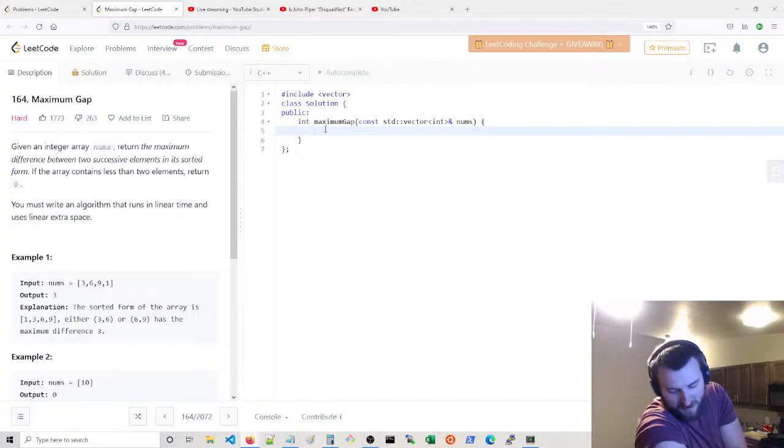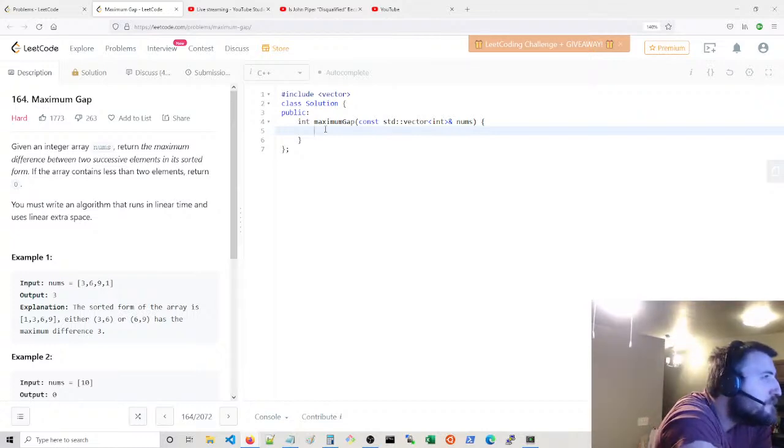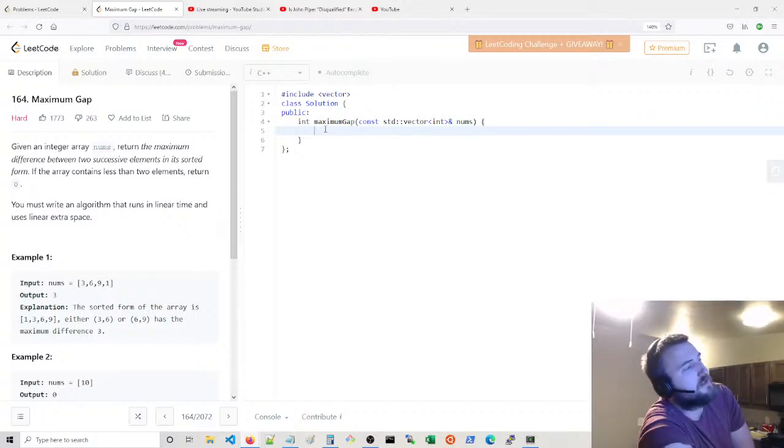That's the solution? No, I don't think so. Maximum difference between two successive elements in its sorted form. That's really interesting, because I know a way to do that in n log n time.